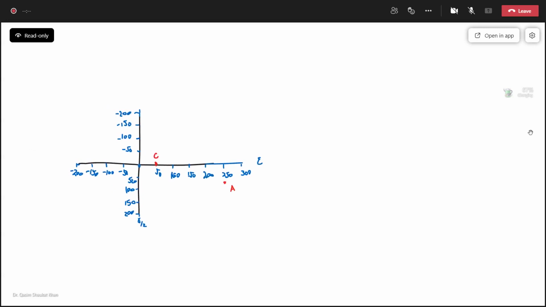Then we have to draw the Mohr circle now. So this is 209, so should be somewhere here. Plus 209, 50 plus 209, 259 roughly, somewhere here. And 50 minus 209, minus 159. Let me check this point. Minus 159.